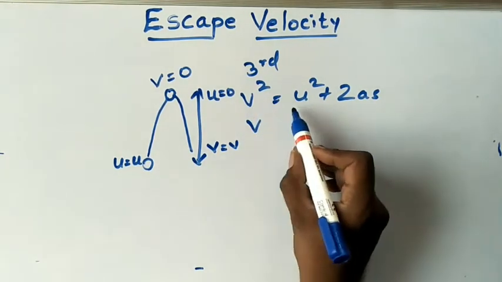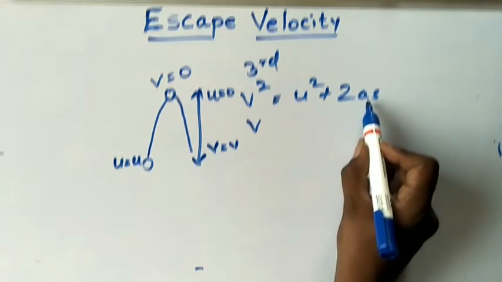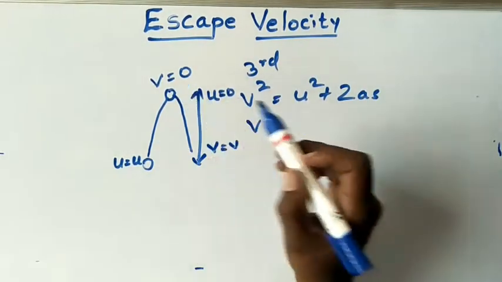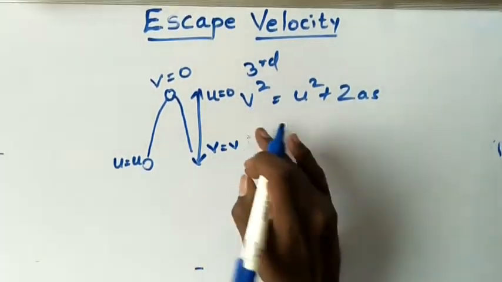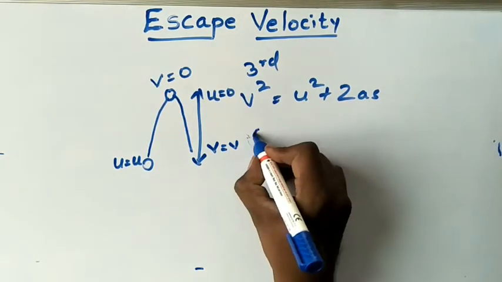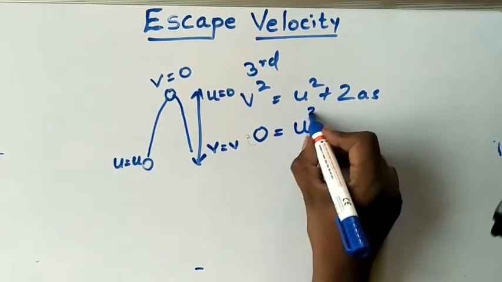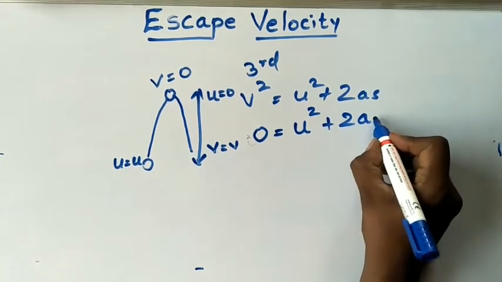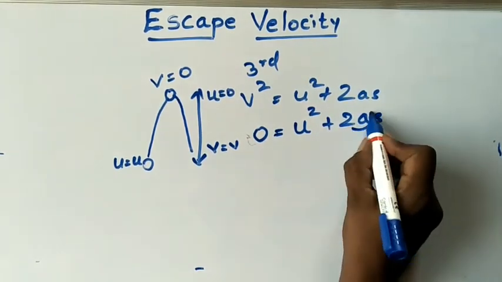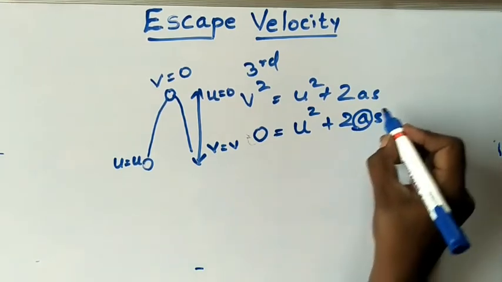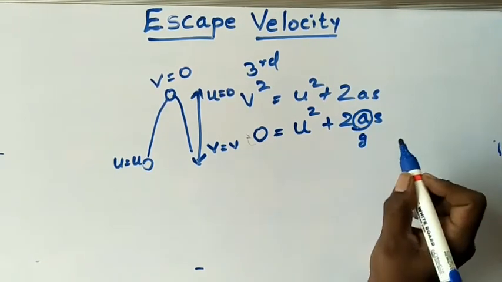So here v square is equal to u square plus 2as. So when the ball goes up, our v, that is the final velocity, is 0. That means u square plus 2as. Now here our a is our g, gravitation.